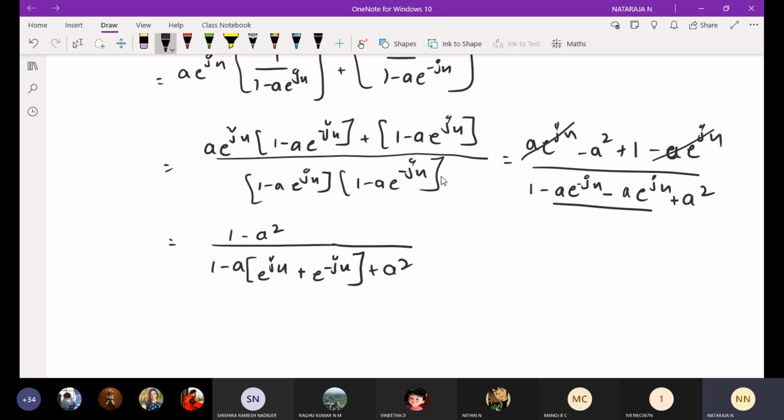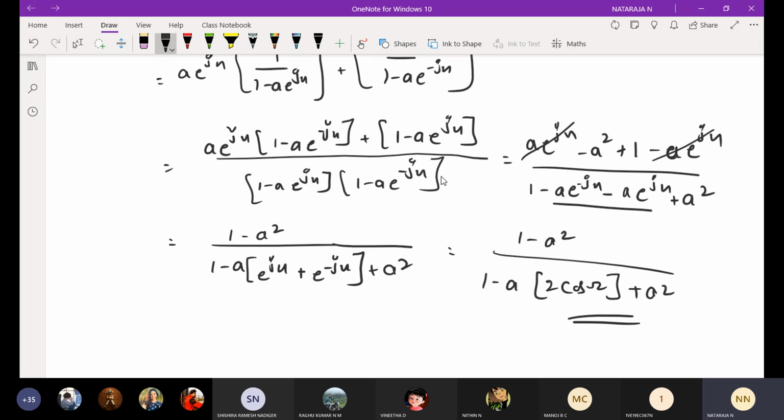Then that will be in the form of e power j theta plus e power minus j theta, which I can replace with the cosine term. We'll get 1 minus a square divided by 1 minus a into 2 cos omega plus a square. This is the simplification.